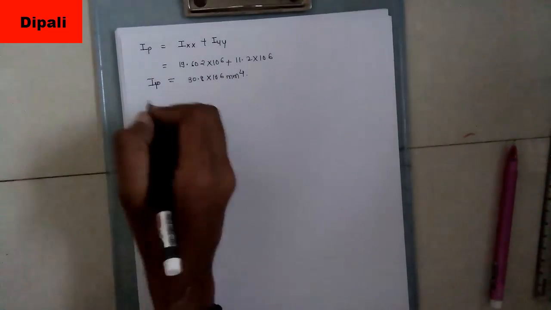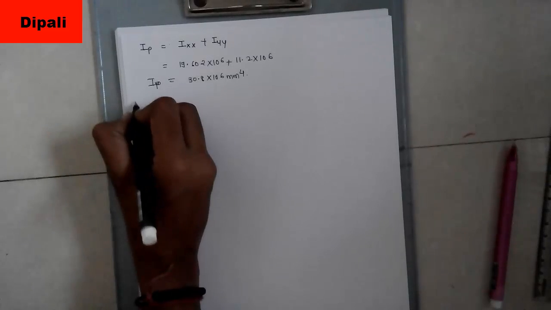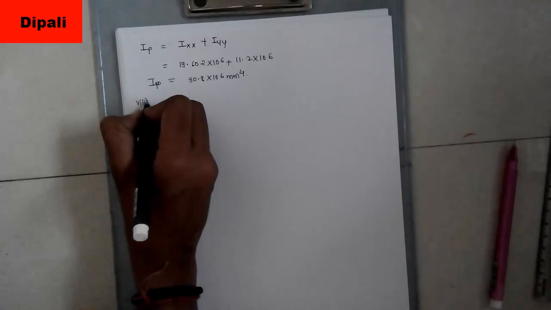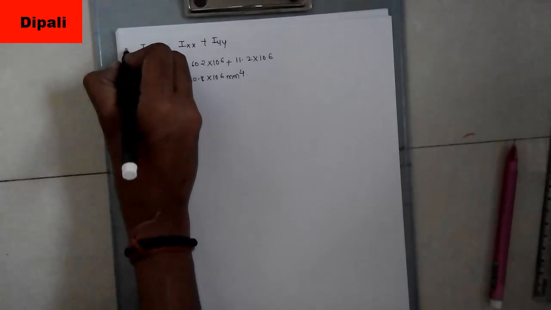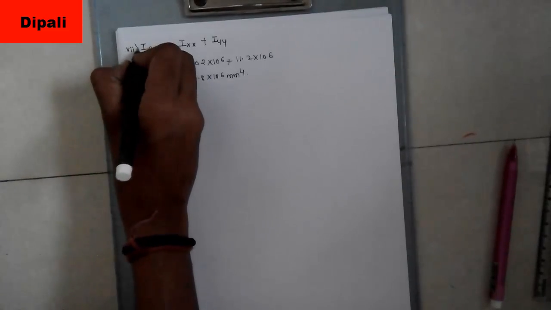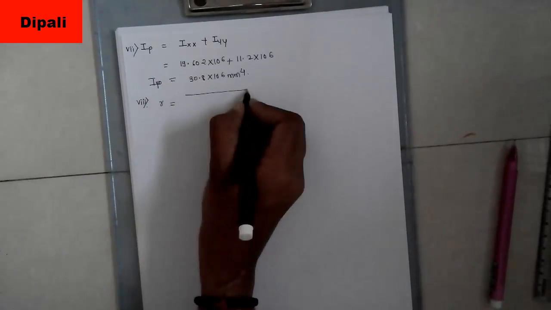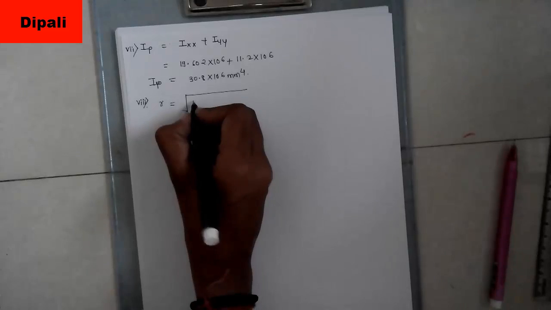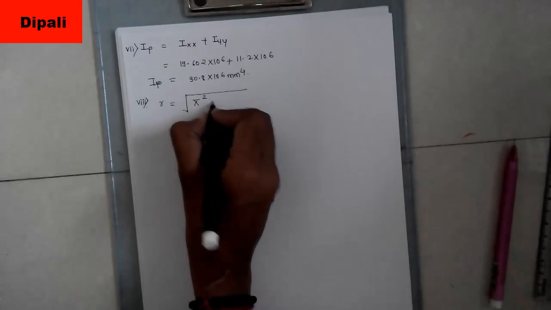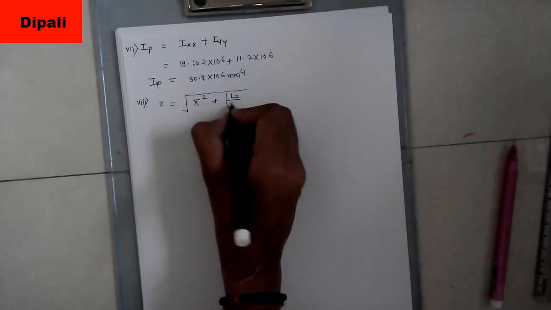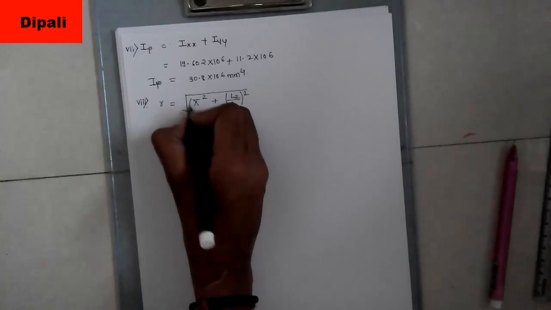After that, this IP is from the 7th step and this is the 8th step, that is R equals to the square root of (x bar) square plus (L2 by 2) whole square.